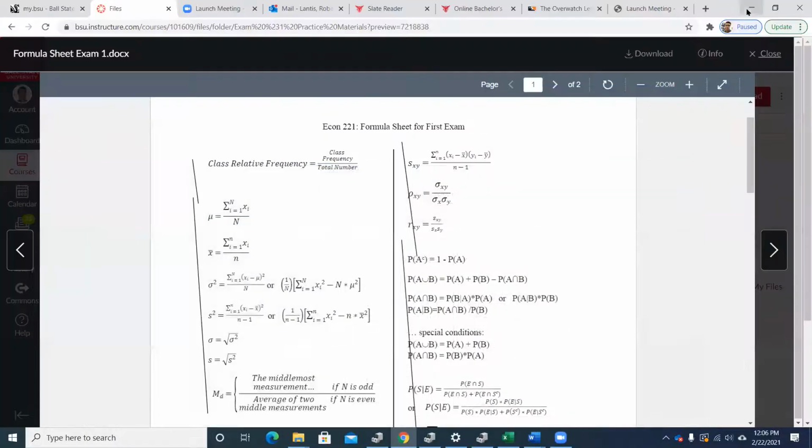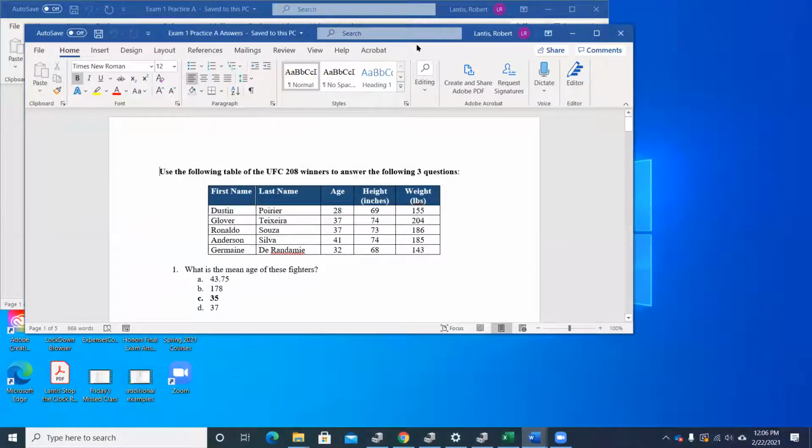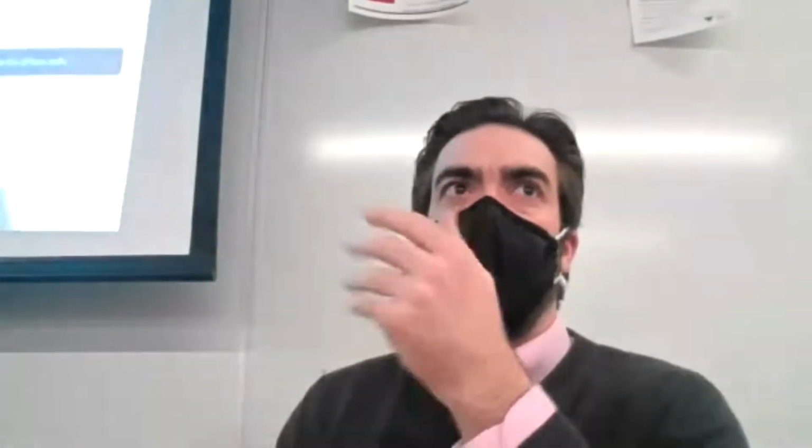One more thing I want to mention, and I'll put this in the description of the exam, and I'll mention it again probably several times this week: Safari is not very kind when it comes to Canvas.